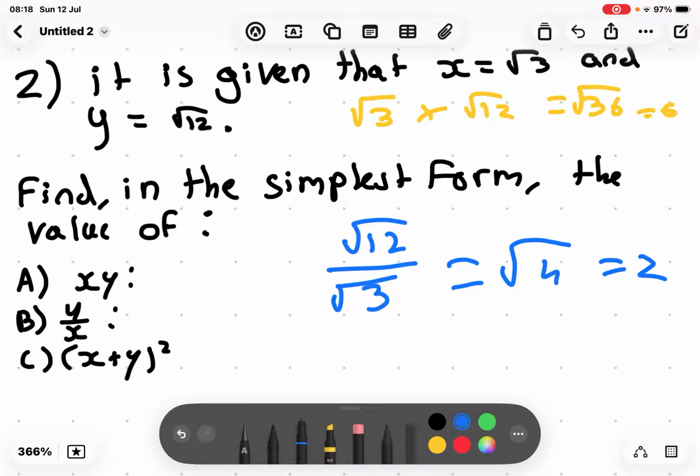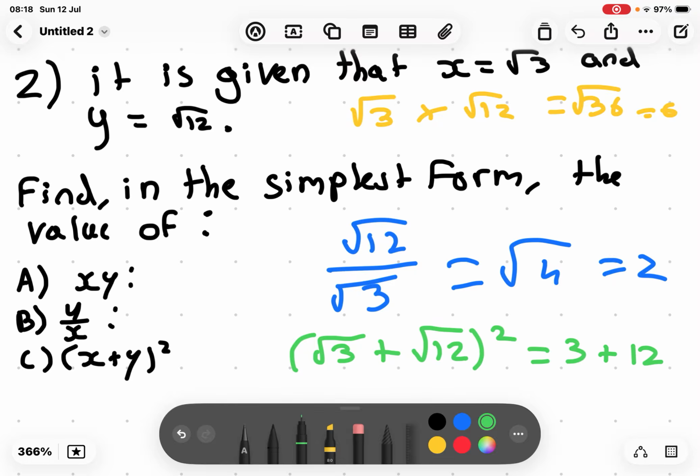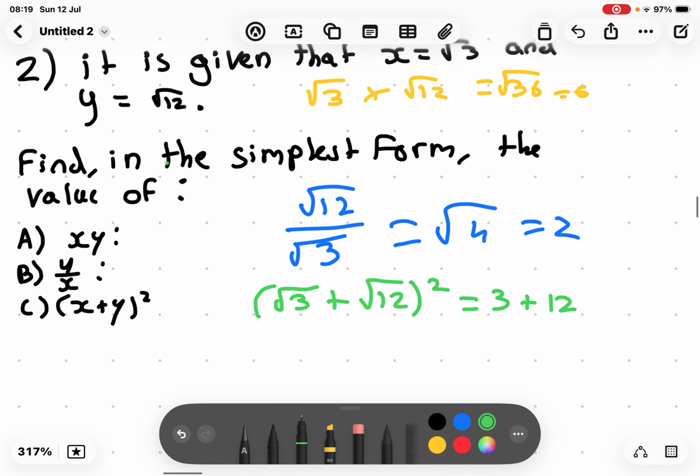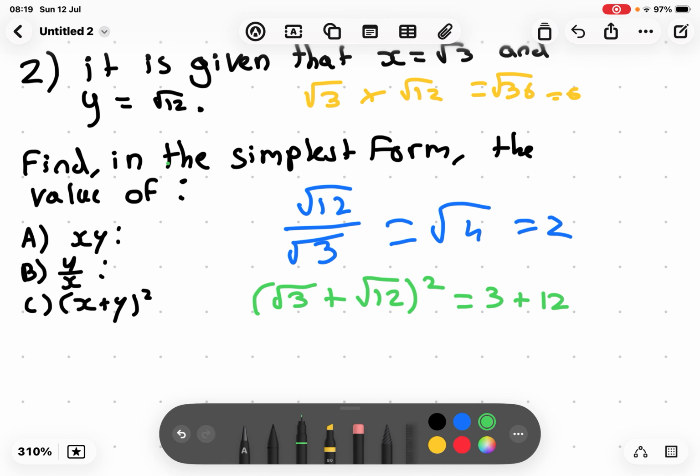And then plus 12 in square, so 3 plus 12. That does seem right, but I know that isn't right because I remember the answer for this one.